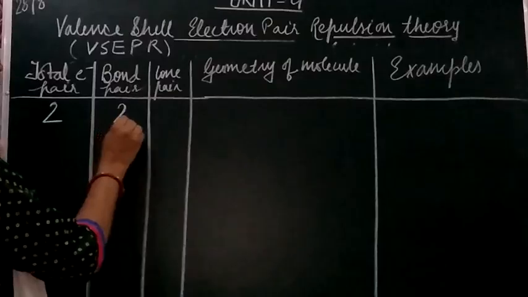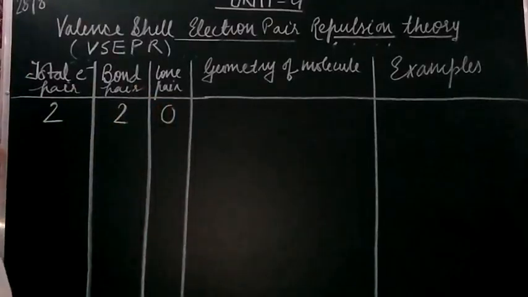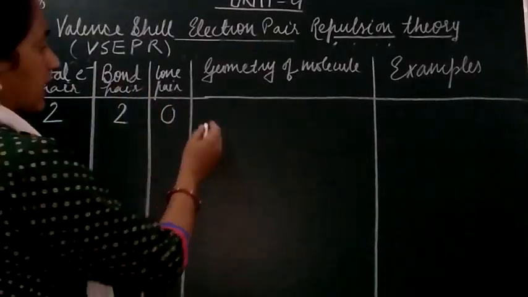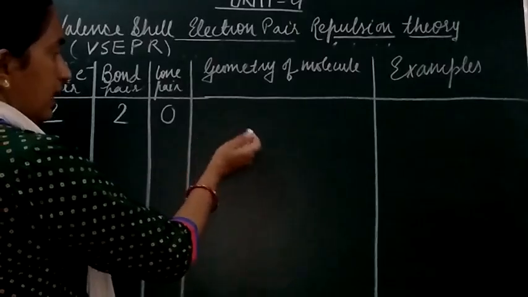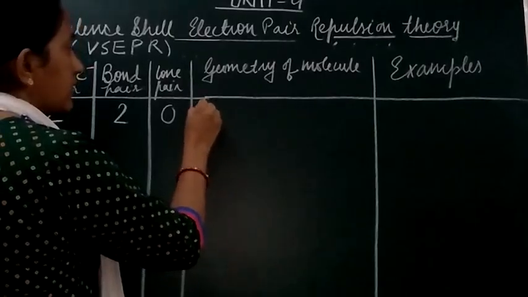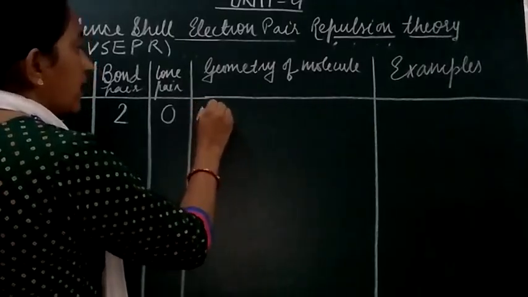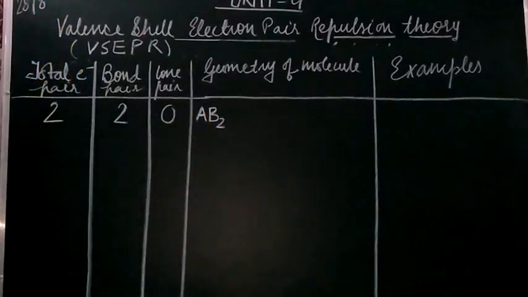It is only two, and there is no lone pair on the central atom. This is of the type AB2, where the central atom is surrounded by only two atoms.